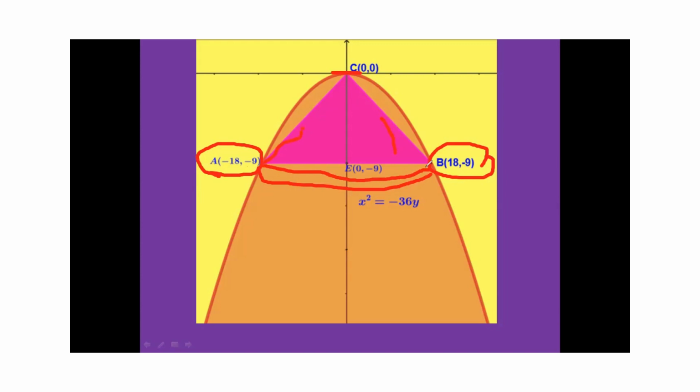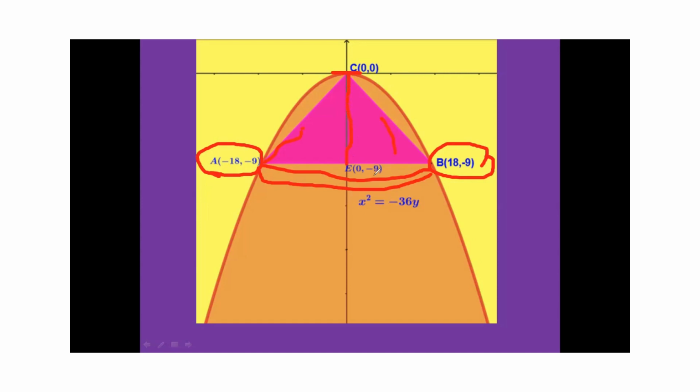So using the distance formula, the length of the latus rectum is 4p. The value of p is 9. Multiplying by 4 gives 36. So the base of the triangle is 36, and the height is the focal length, which is 9.